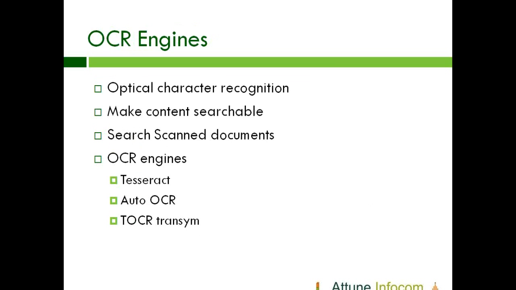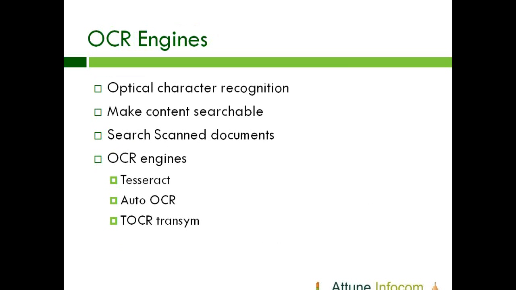Now we'll talk about OCR engines. OCR stands for optical character recognition. It makes content searchable within your ECM. Basically, it transforms your image file into a text file. It scans documents.